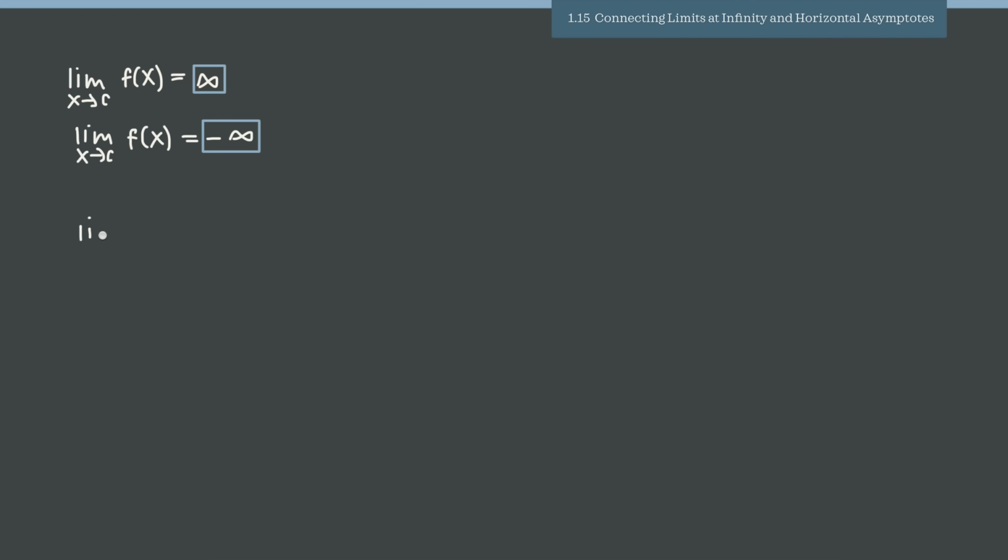So we say the limit as x approaches infinity of a function is equal to some real number value c, or the limit as x approaches negative infinity of a function is equal to some real number value. And so the point here is that those infinite values have moved down here under the limit. Those are the values that we're approaching. So this first case here is when we're talking about vertical asymptotes. The second case is when we're talking about horizontal asymptotes.